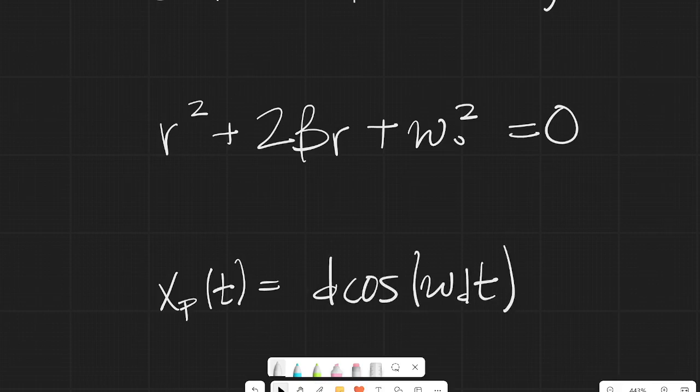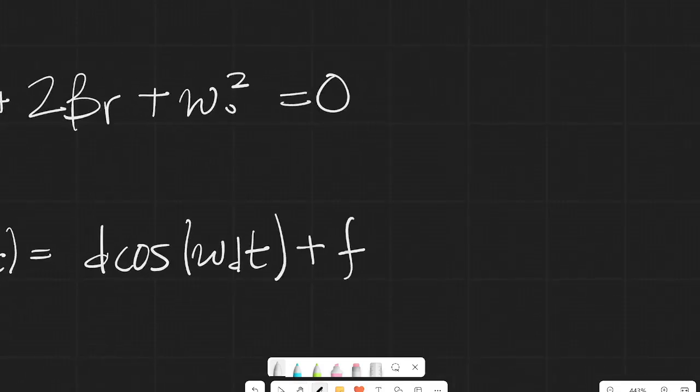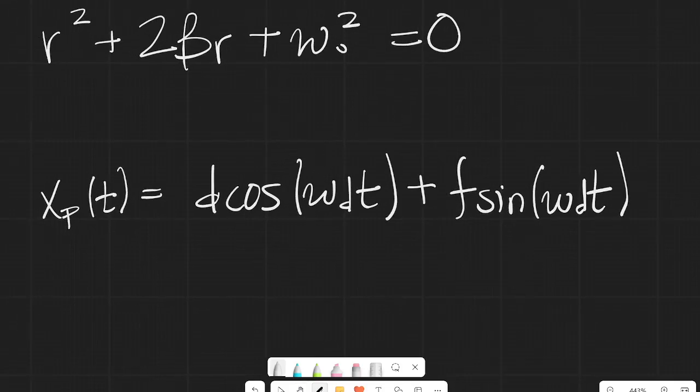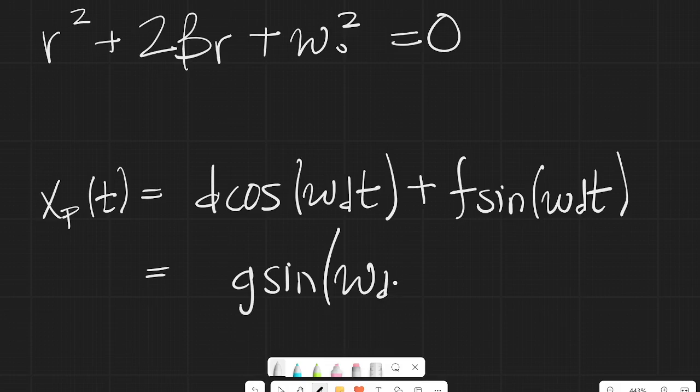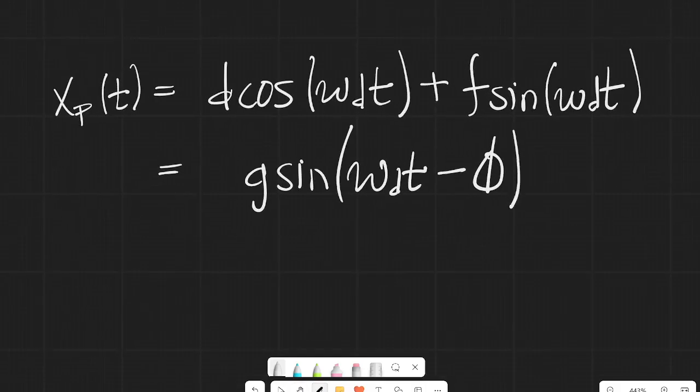The damped frequency, and this can often be written as just one function using trig identities. And so here we have our particular solution.